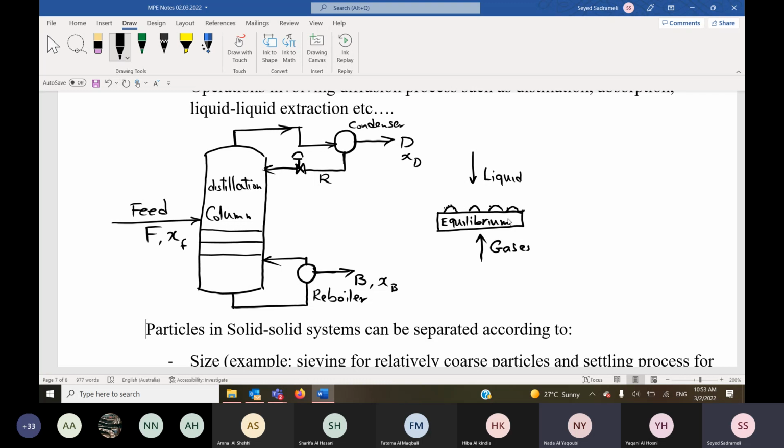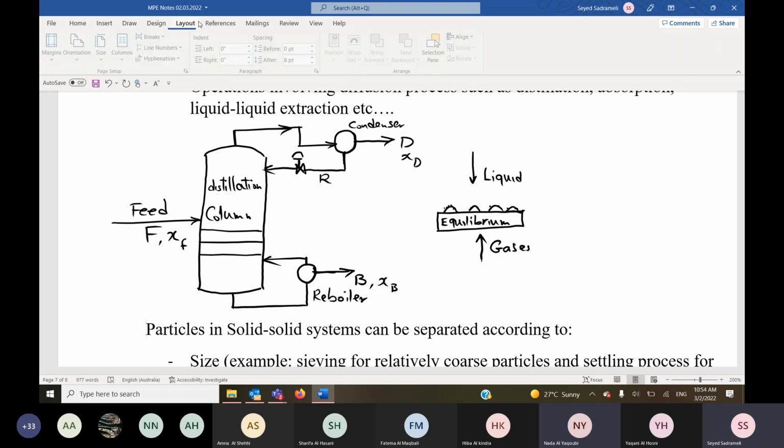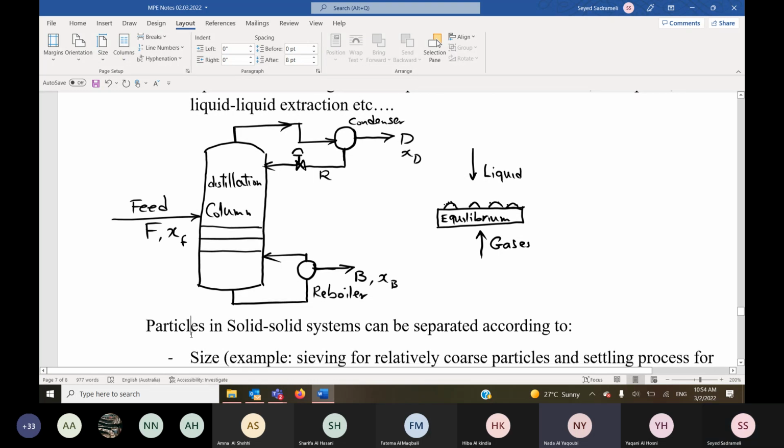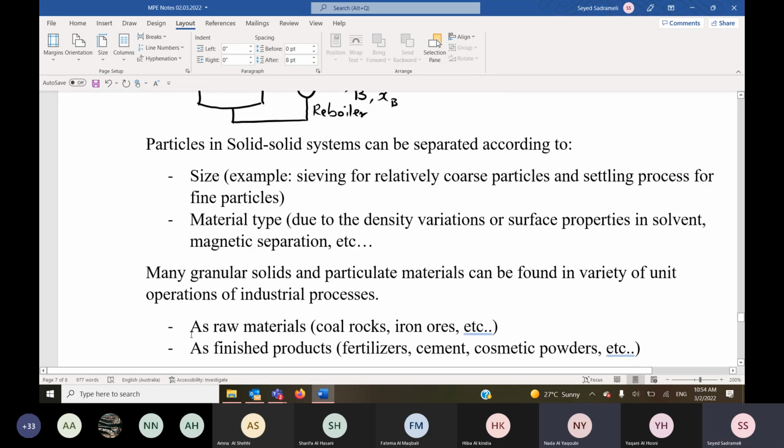In solid-solid handling, particles in a solid-solid system can be separated according to size, like sieving for relatively coarse particles and settling processes for fine particles, or by material type due to density variation.